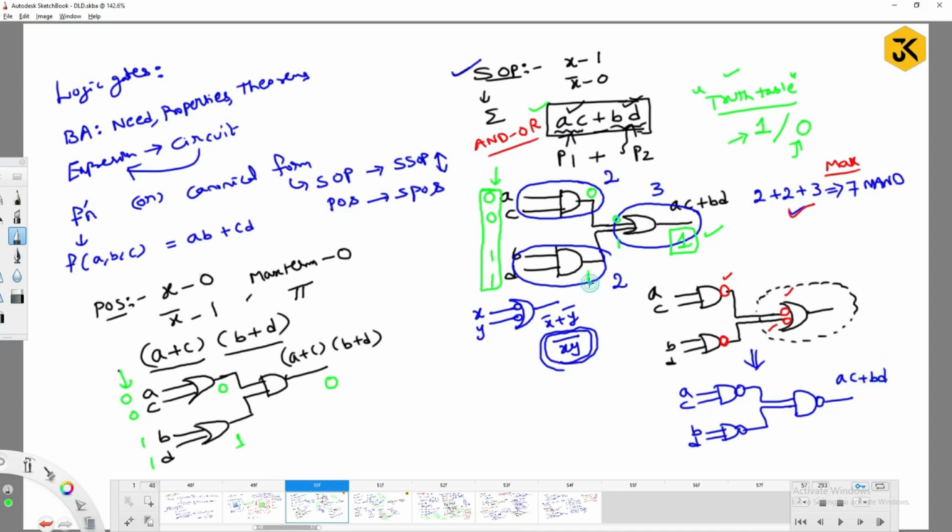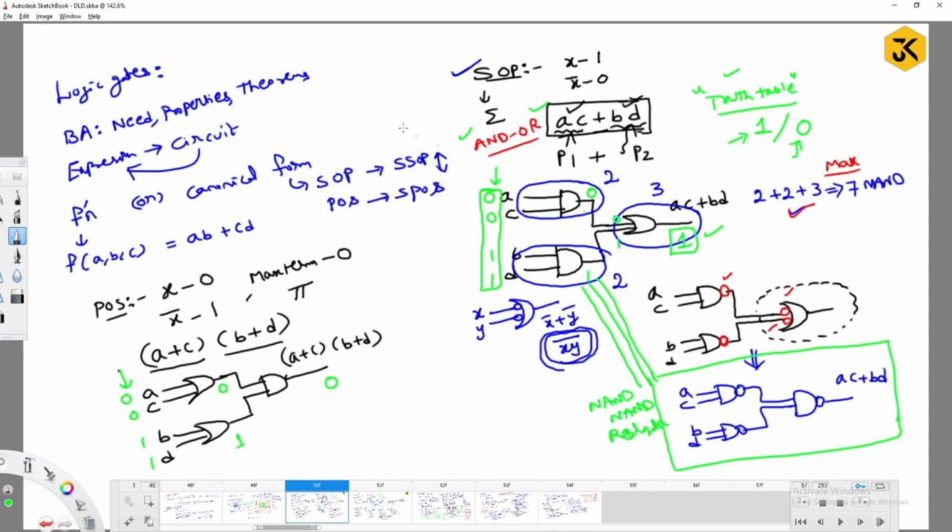So this representation is equivalent to that representation. But there we required OR and AND gates, whereas here we have completely defined it in terms of NAND gates. So what I did in order to convert any AND-OR representation into NAND-NAND representation is what I can call NAND-NAND realization.